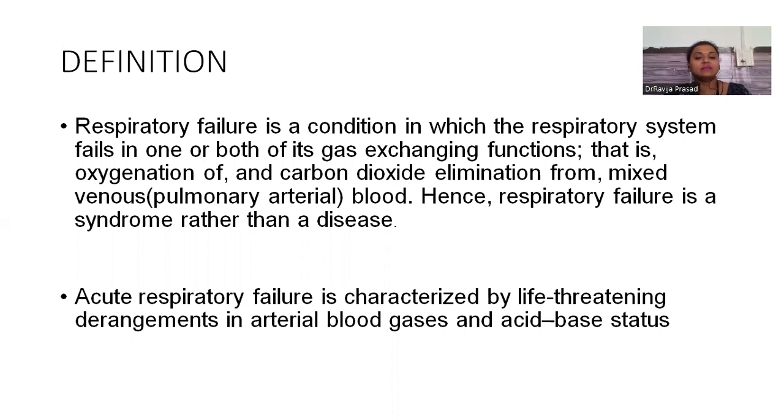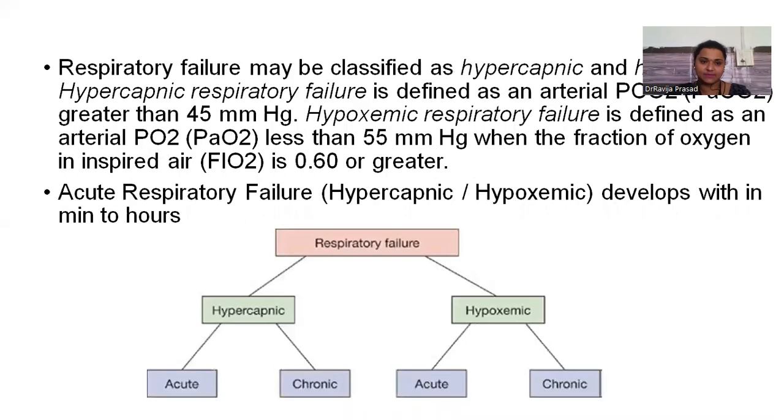Acute respiratory failure is characterized by life-threatening derangement in arterial blood gases and acid-base state. Respiratory failure may be classified as hypercapnic and hypoxemic. Hypercapnic respiratory failure is defined as an arterial PCO2 greater than 45 mmHg.